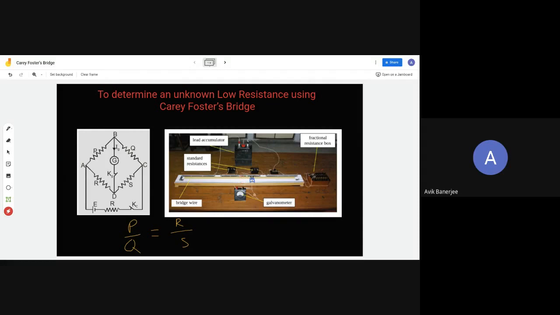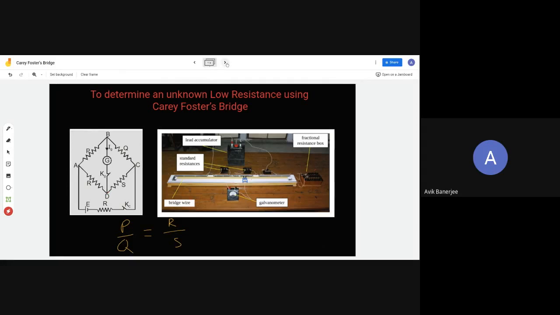The other end of the galvanometer is connected to the jockey. And wherever the jockey is pressed, the connection is made between R and S. Right, that is the idea.